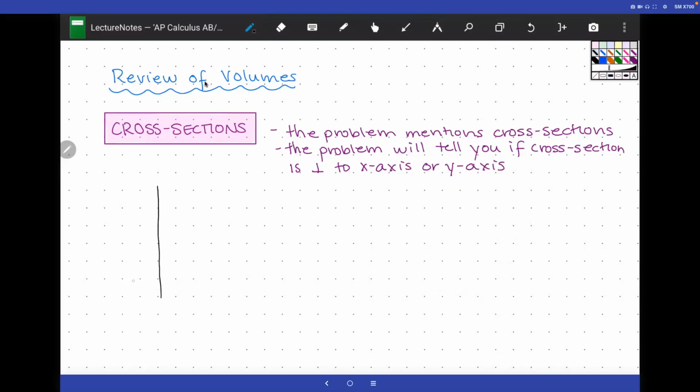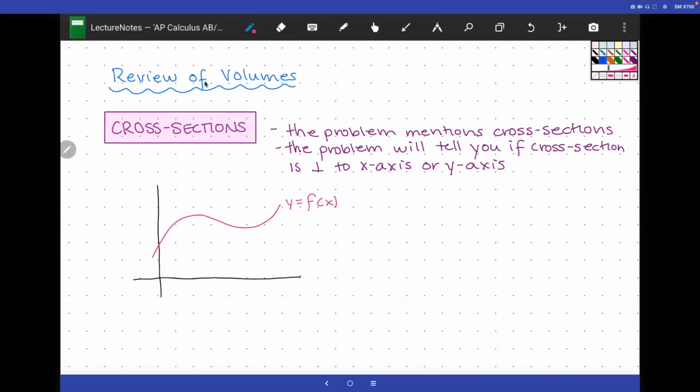I'll just put kind of a generic picture with no specific functions. Let's call this guy y equals f of x. Let's call this one down here y equals g of x.